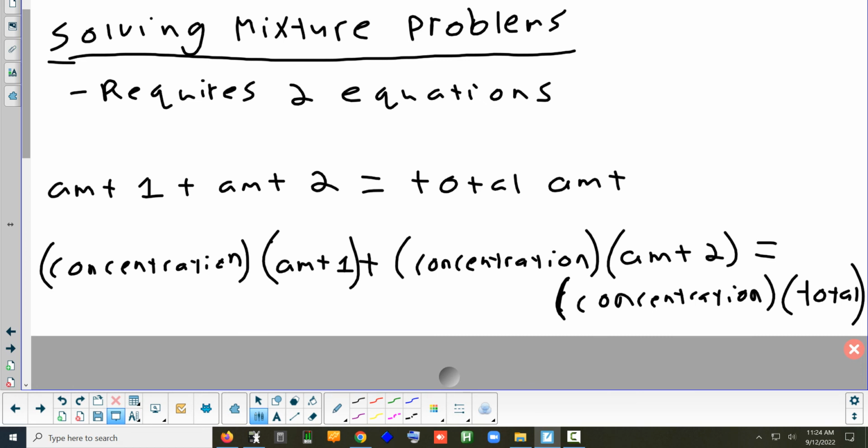The amount is usually your variable, like X and Y. So the concentration times the first solution amount, plus the concentration times the amount of the second solution, equals the concentration of the final solution times the total. So this is the final concentration.